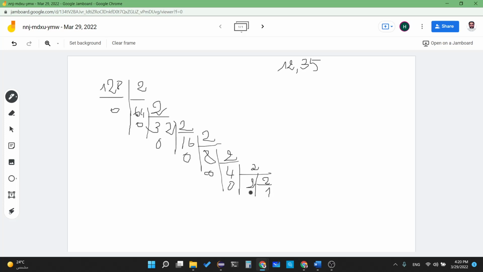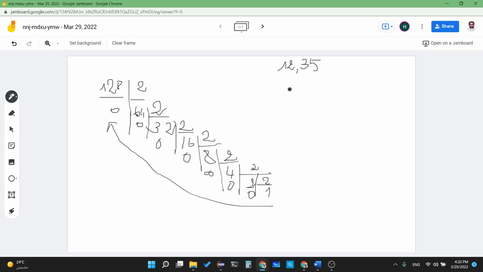Divided by 2, that's 1, and we have 0. So we have 8 bits, so we cannot represent this number using the sign magnitude on 7 bits. Okay, so this is not a good example. That's not a valid number we can represent using 7 bits and sign bit.